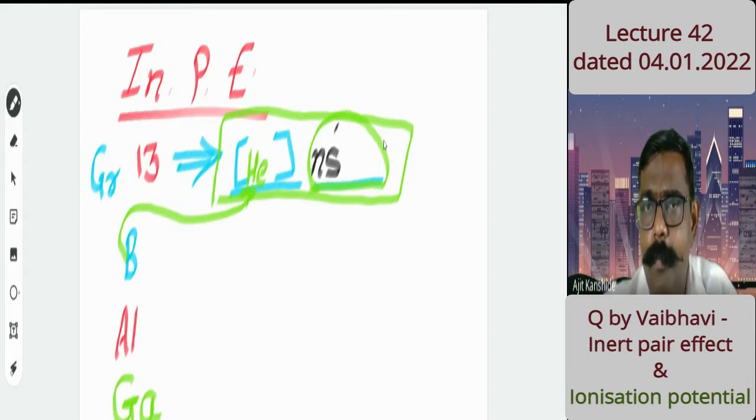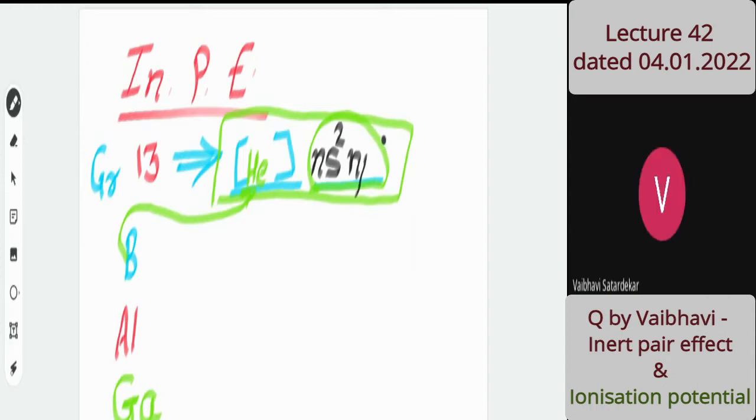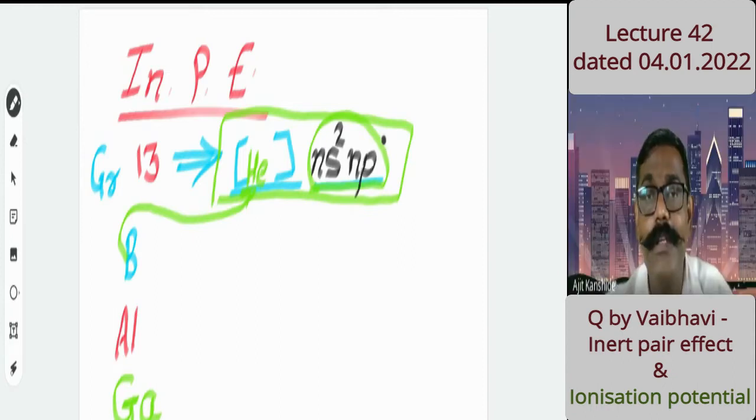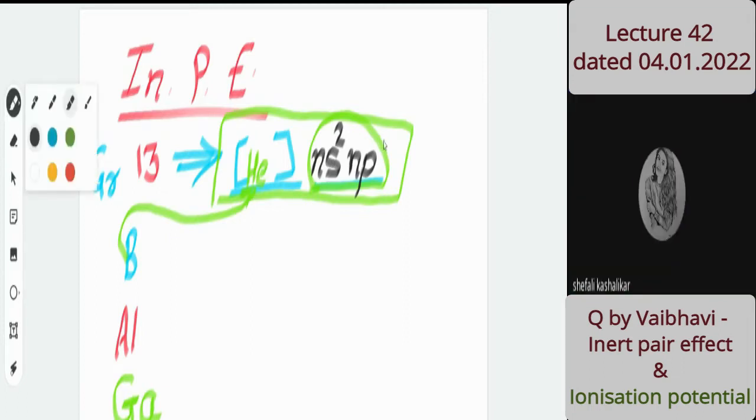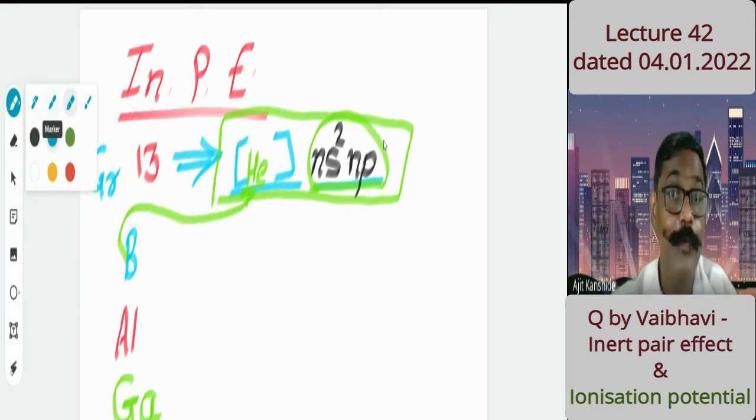ns, and the accommodating capacity for that s is 2 electrons. After ns, which may be the orbital? np. Right. Now I want an answer from you. How many electrons may be there in that p orbital? 3 electrons. Think properly.